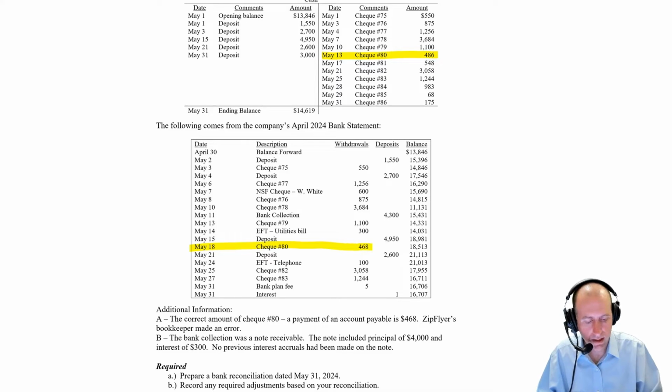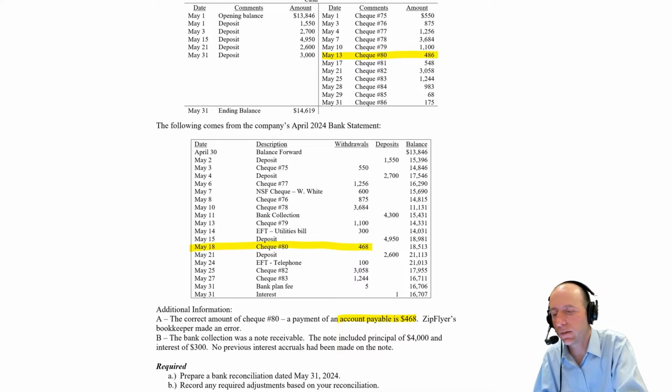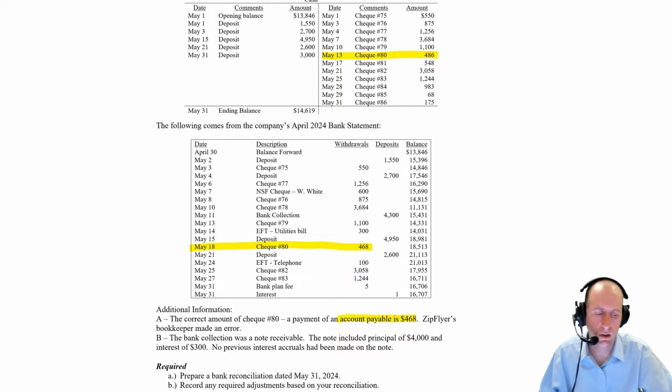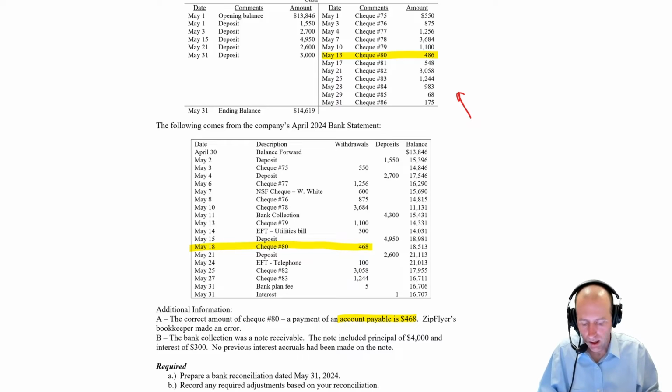The bank has said it's 468, and the correct amount is 468. So we got it wrong. Obviously, there's going to be an error to be fixed on our side, right? We've made a mistake. B, the bank collection was a note receivable. The noted principal of $4,000, interest of $300. Okay. I think we're ready to go.